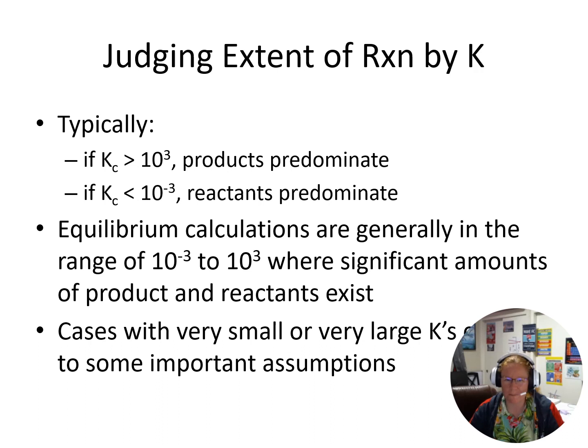When we do some of these equilibrium calculations, we get a lot in that intermediate range between 10 to the negative third and 10 to the positive third. If we have a very large K or a very small K, we can actually make some really important assumptions. In this class, at this level, we're not going to deal with anything really complicated or worry about any of these assumptions.